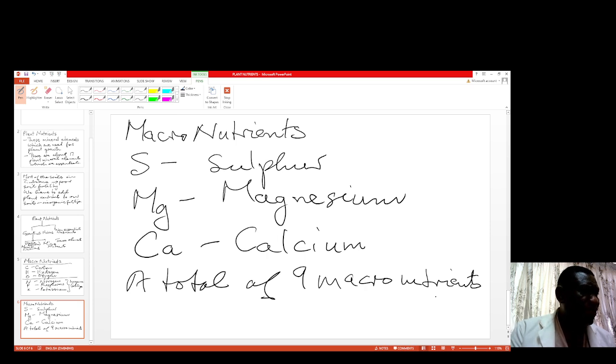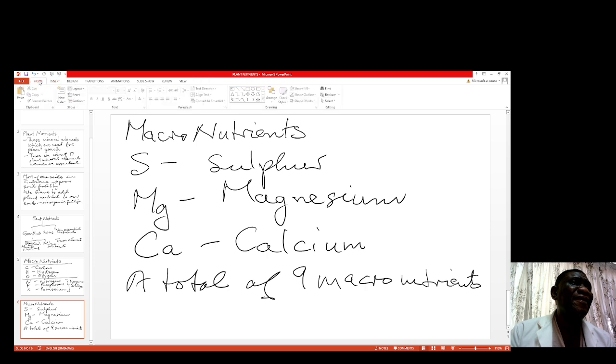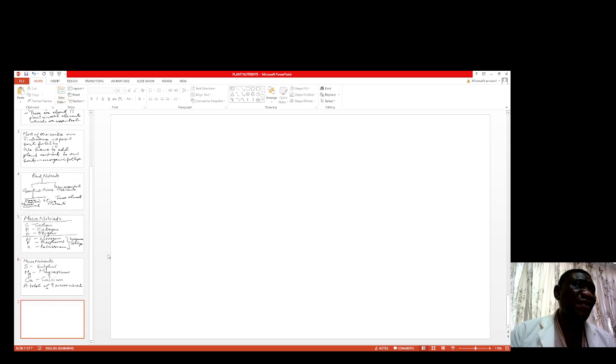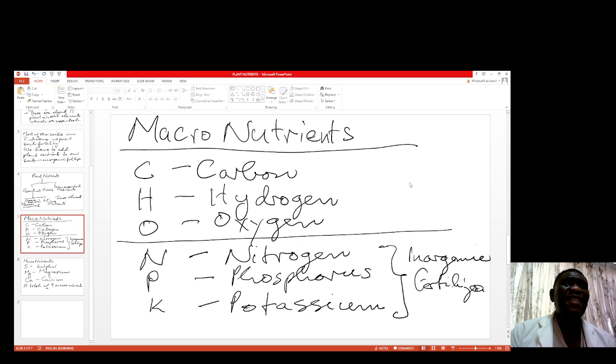So let us move on to micronutrients. Of course, the macronutrients are needed in large quantities.